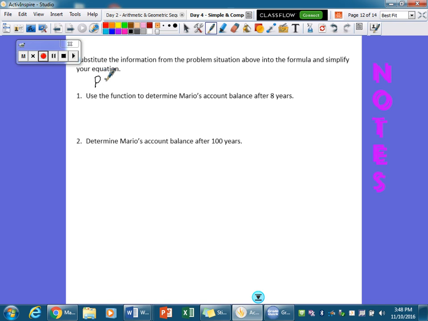So we have P of t equals 1,000 times 1 plus my rate, all to the power of t. And see how I made it a little t? Now the only thing we can simplify is those parentheses. So it's going to be 1,000 times 1.05 to the power of t.